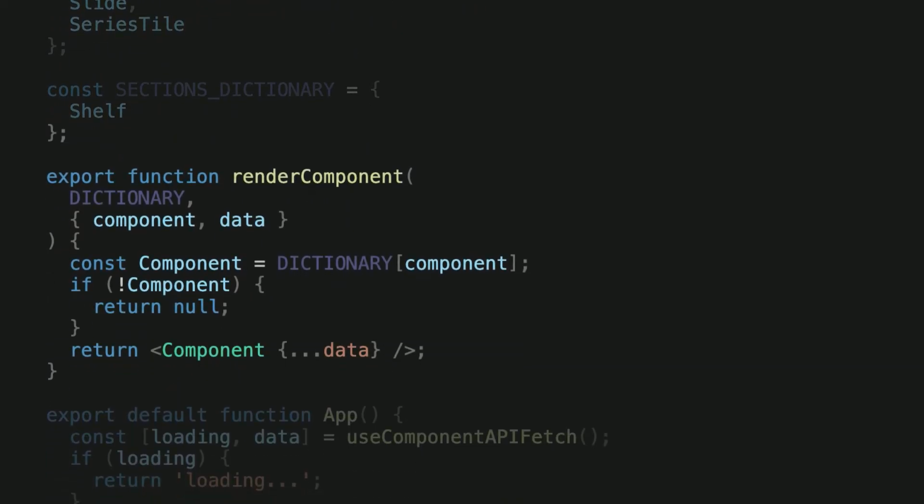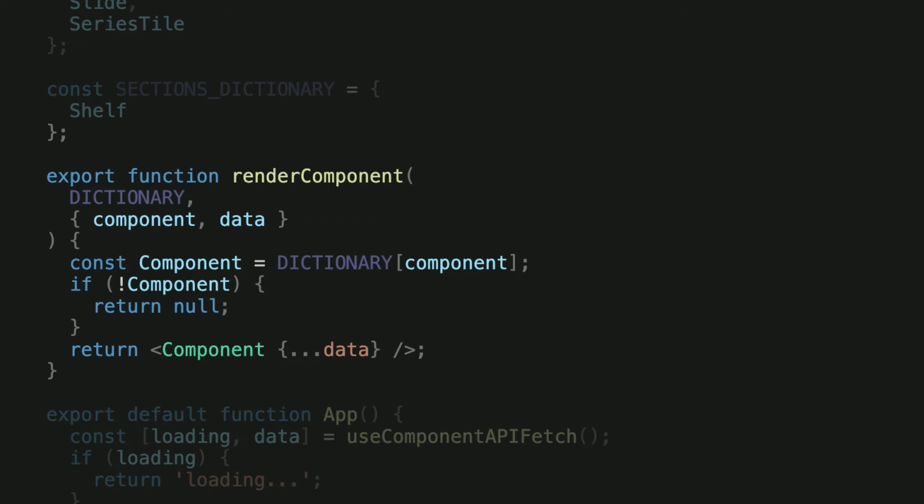So here's what render component looks like. It receives a dictionary, and it also receives the component field and the data field from your API. That component field, remember how I said it's special, is used to look up the component in the dictionary.